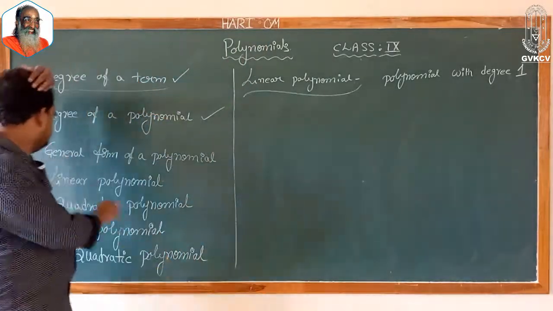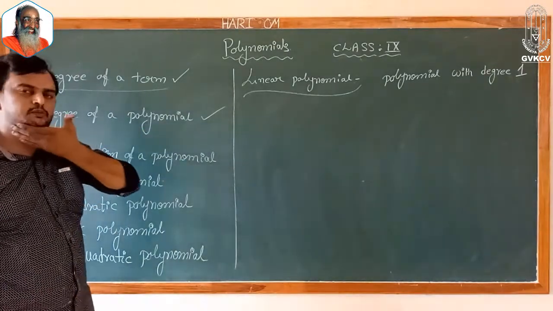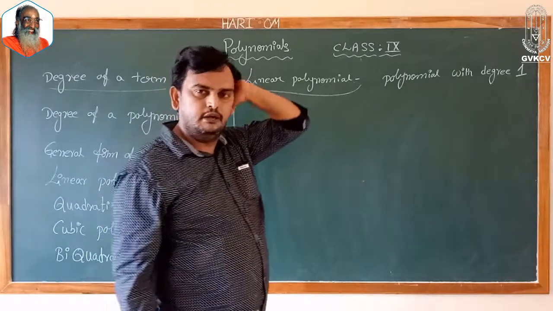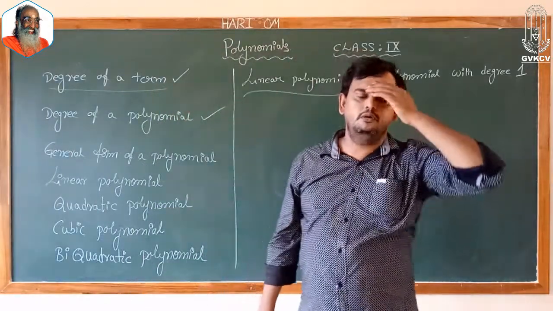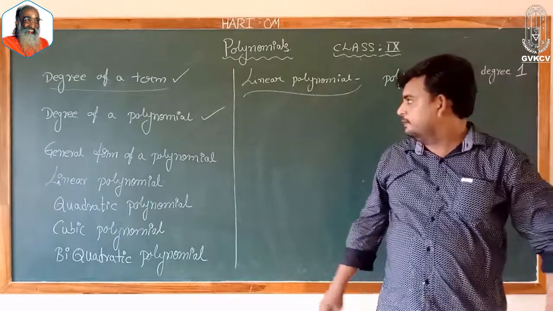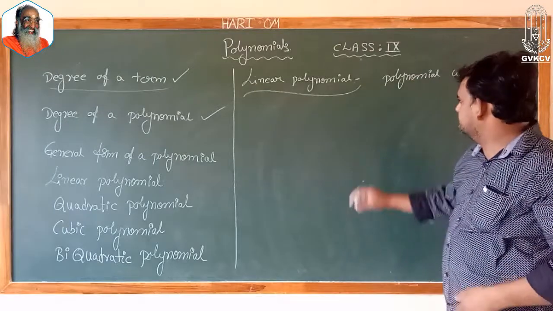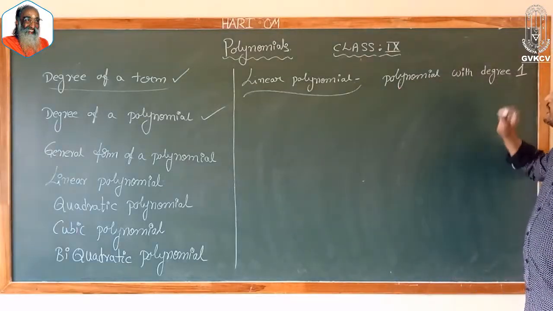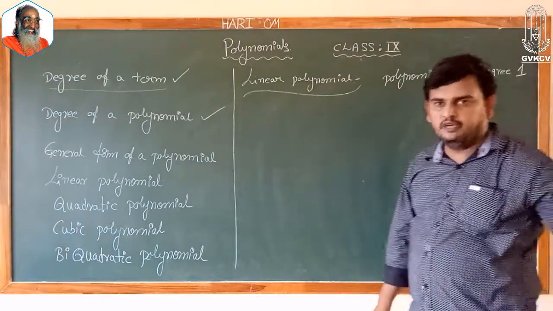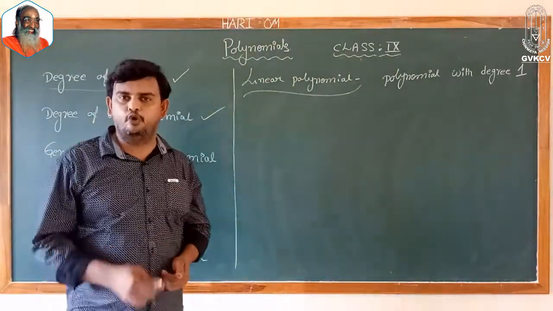As we know, the degree of a polynomial is the highest power of a variable. Now, once you know how to find the degree of a polynomial, then we can know what a linear polynomial is. The definition: polynomial with degree 1 is called a linear polynomial.